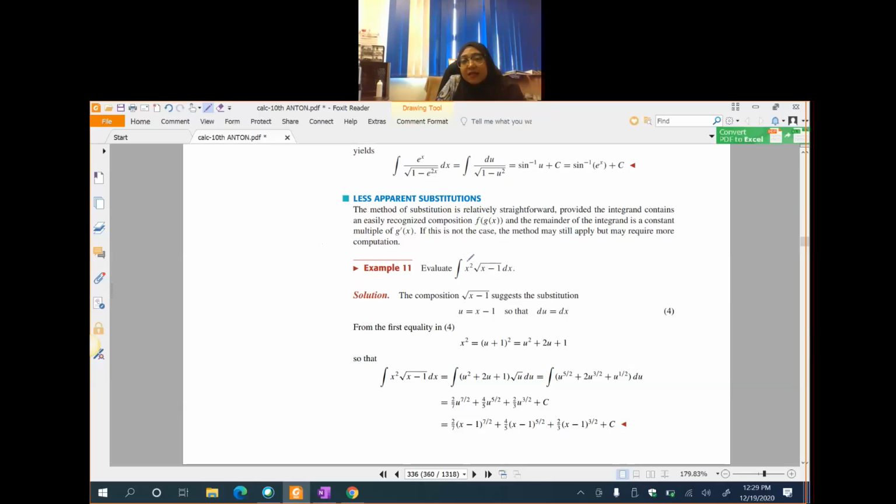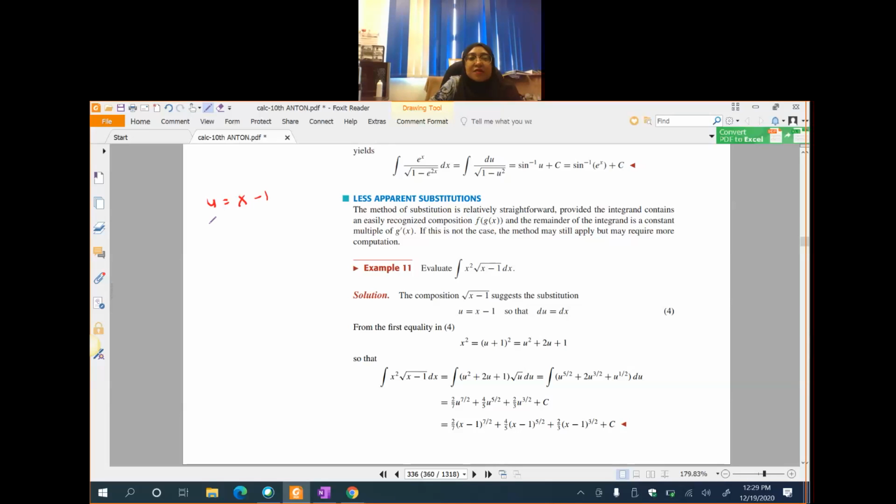If you want to do the normal substitution, you might say that the substitution u is normally for those under the square root sign, like I've said before. So you might want to choose u equal to x minus 1, but it doesn't solve this problem. Why?